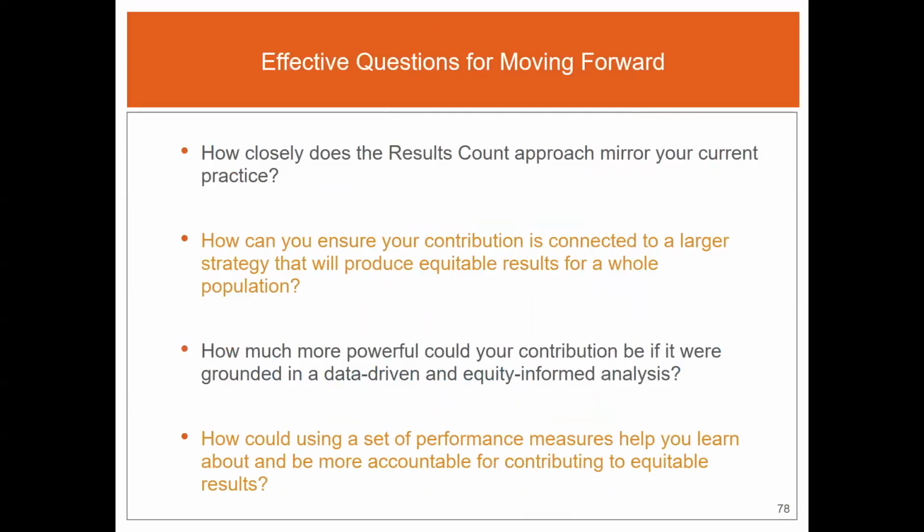There may be parts of the work that you could build on, because you're already doing part of it. Think about how you can ensure your contribution is connected to a larger strategy. And how, by connecting your work to a larger strategy that's known to yourself and other leaders, how much more likely is it that what you do will help produce equitable results for a whole population?